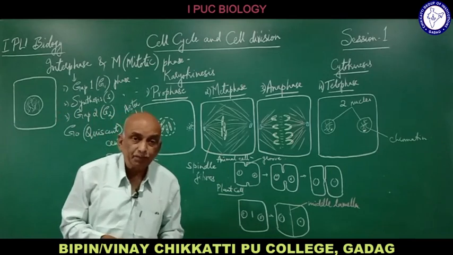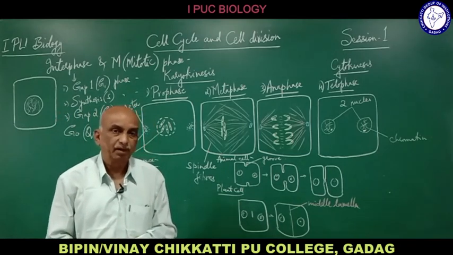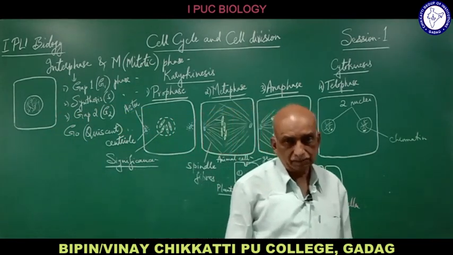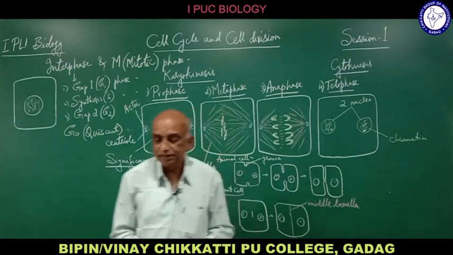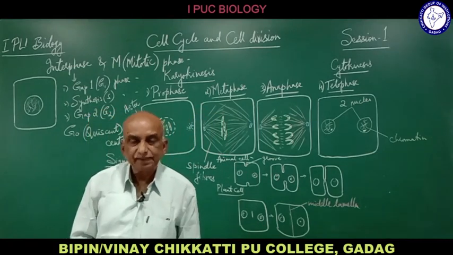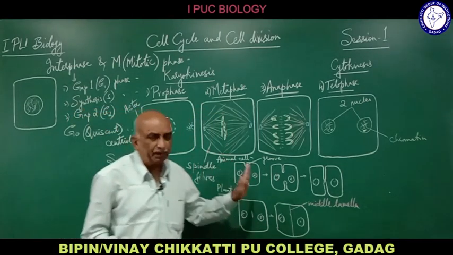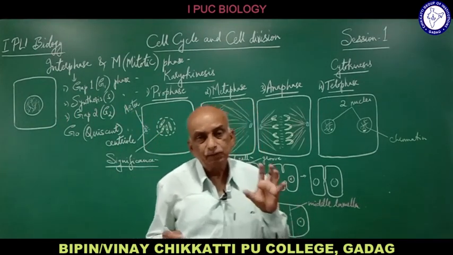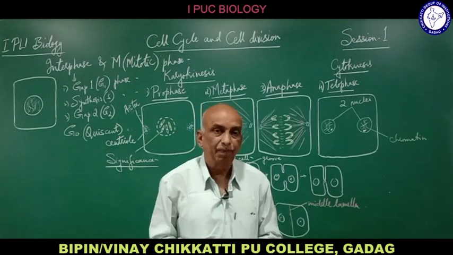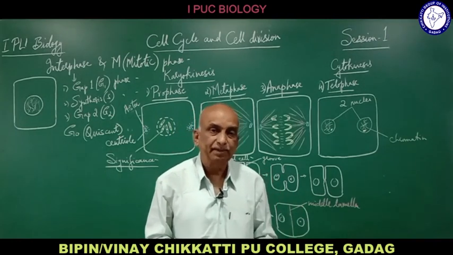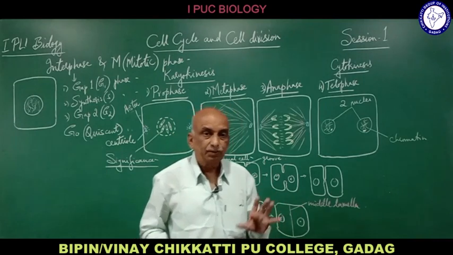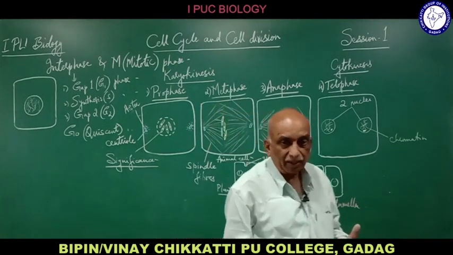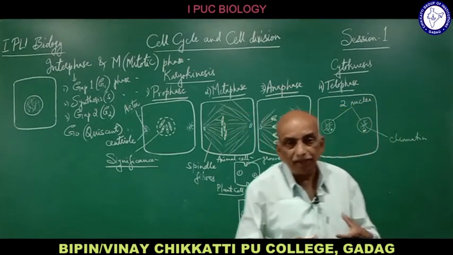In the endosperm of coconut, there is such an absence of cytokinesis. Cytokinesis is completely absent in the endosperm of coconut. So the coconut water, the collection of nuclei which are freely present.